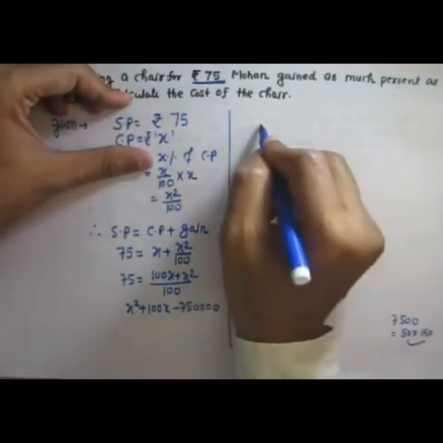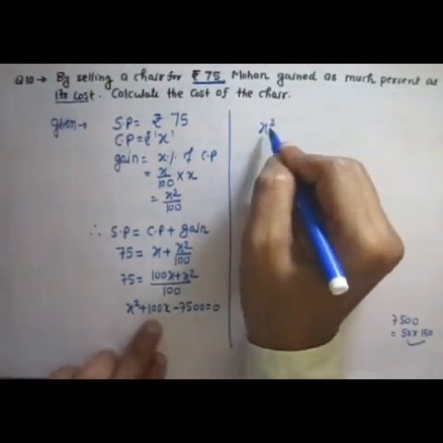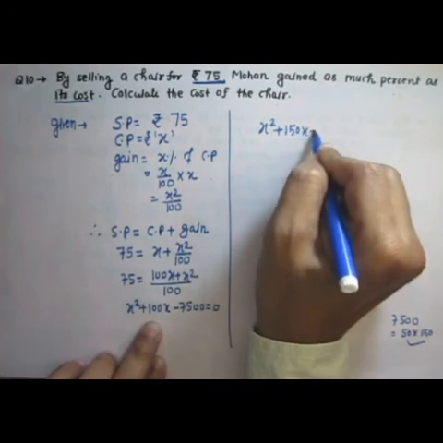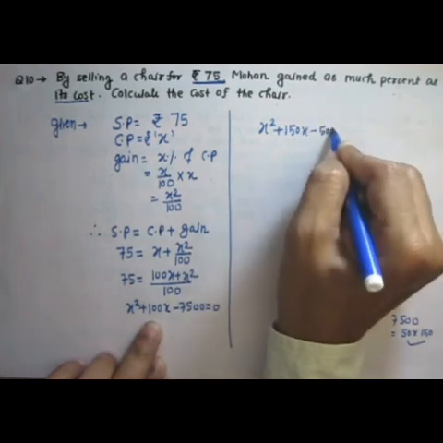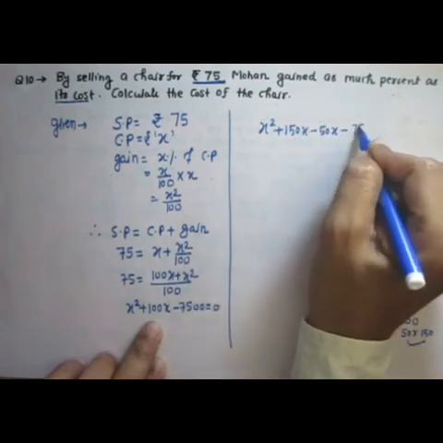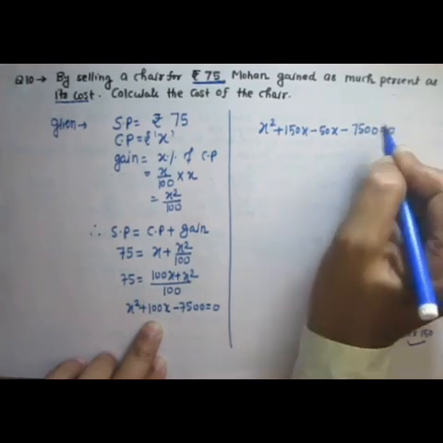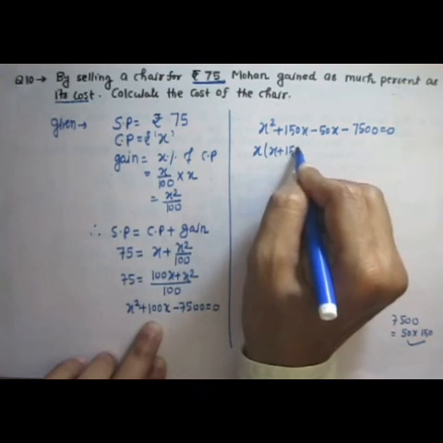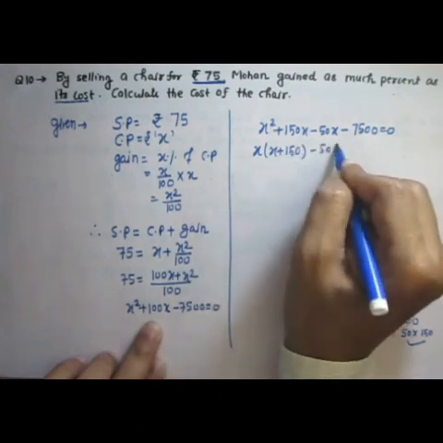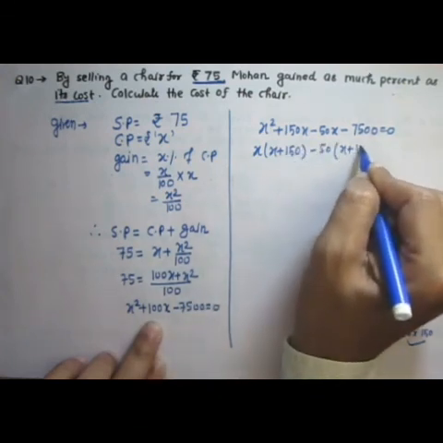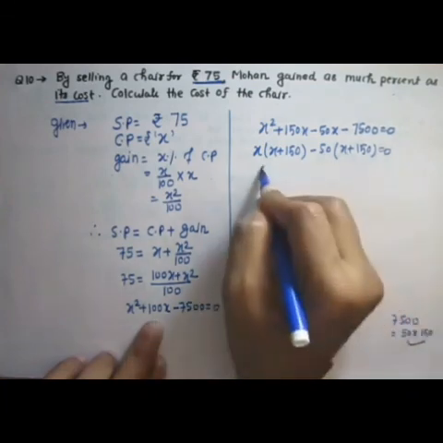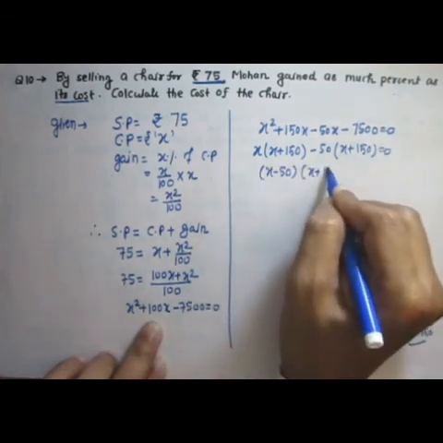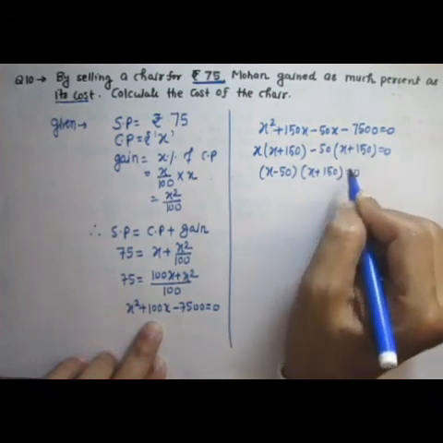So it can be written as x square plus 150x minus 50x minus 7500 equal to 0. So take x common, x plus 150, minus 50 common, x plus 150 is equal to 0. So we are getting (x minus 50) into (x plus 150) is equal to 0.